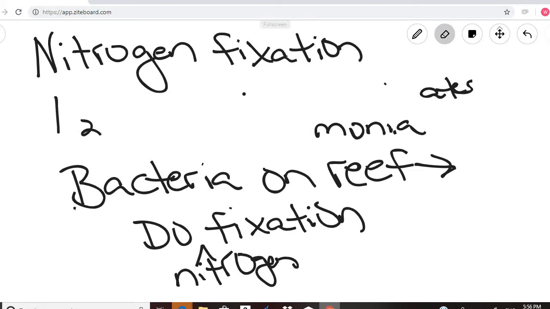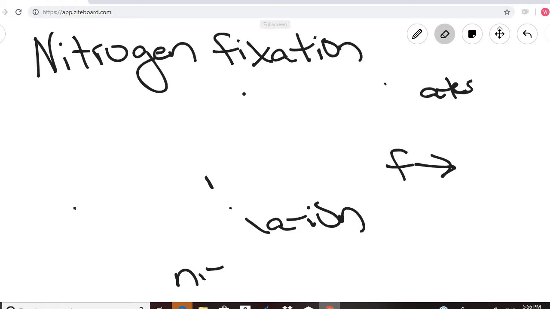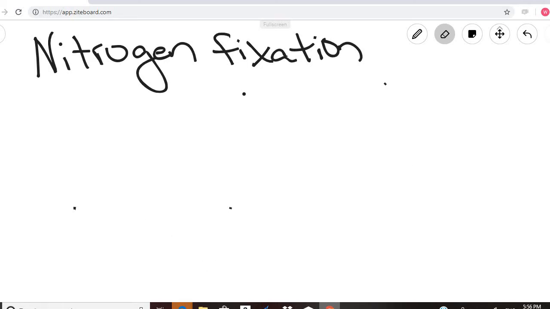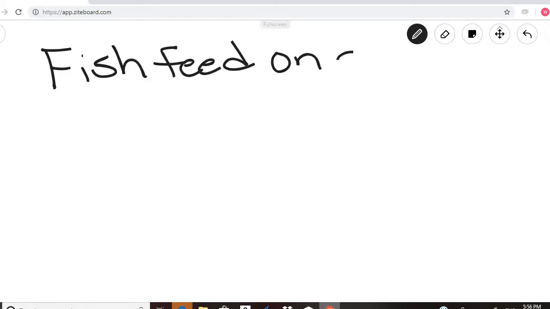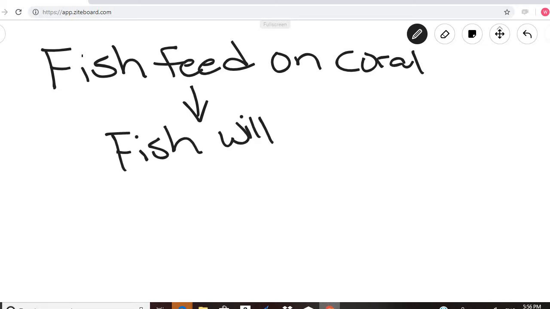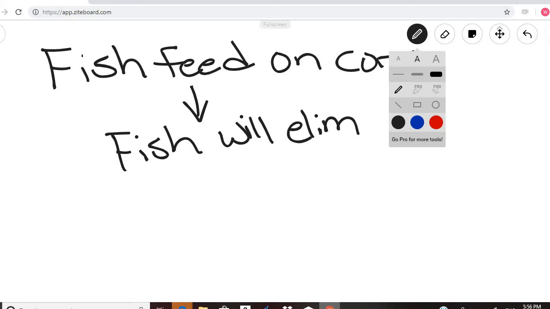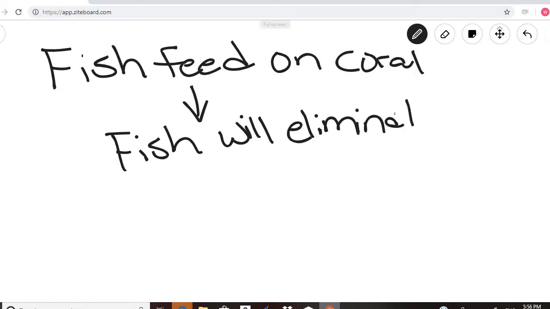Another way in terms of recycling: one fish will feed on coral, and then the fish will eliminate waste. And then guess what?